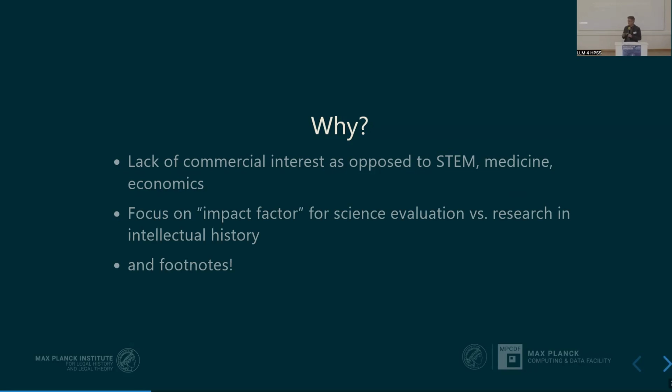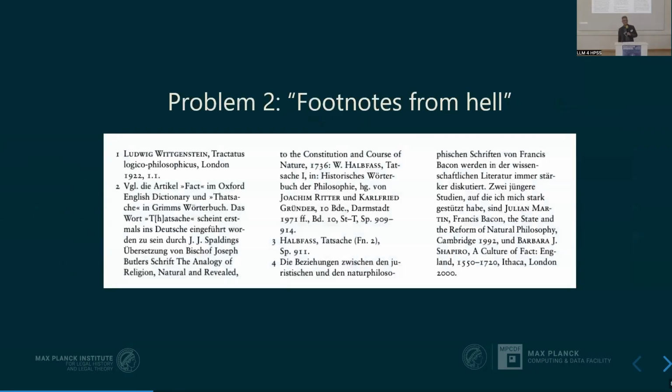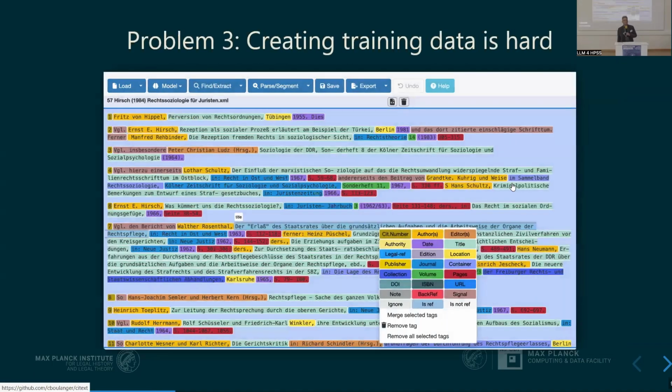Then, of course, the literature that we're interested in typically has a lot of footnotes. And here we have one example, a footnote from hell, a typical humanities footnote with all kinds of commentary, messy stuff, and it's all embedded in a lot of noise. With the traditional instruments that we have, you need to create annotations for that in a very laborious process.